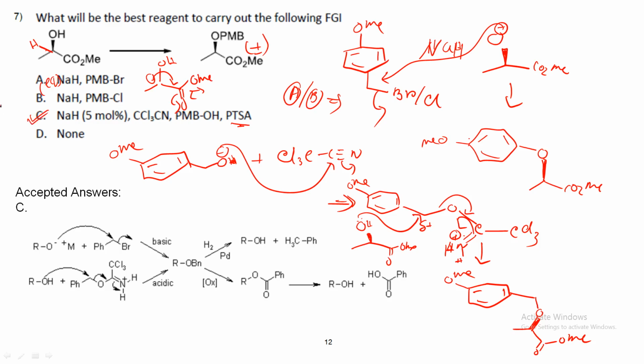So in the particular question, that's what they want to check, this racemization concept. That's how you can say that condition C should be the best for this kind of transformation where chirality is involved and you want to make the chirality stay intact, while in the other conditions it would be racemized.